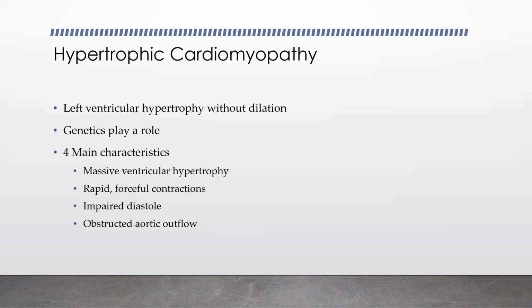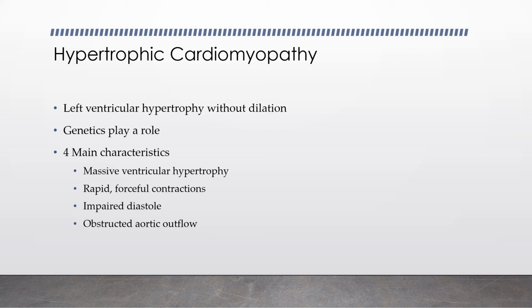About half of all cases are genetically based. And also it's the most common cause of sudden cardiac death. So if I had a loved one, a family member, who died of sudden cardiac death, most likely they would go for testing to rule out or rule in hypertrophic cardiomyopathy.